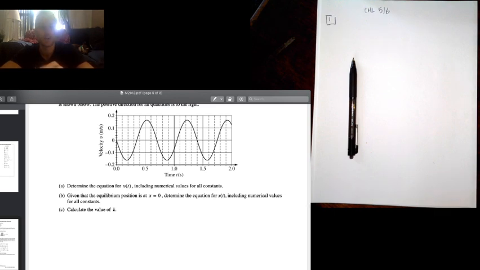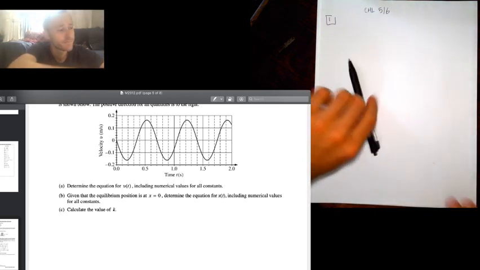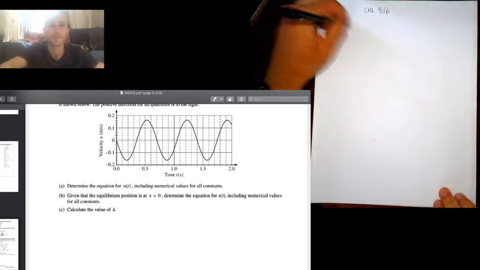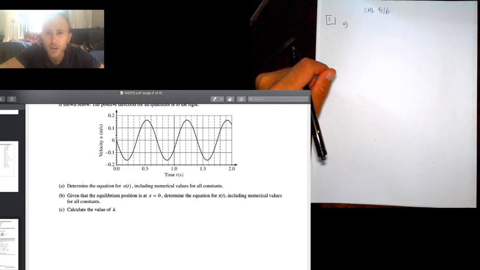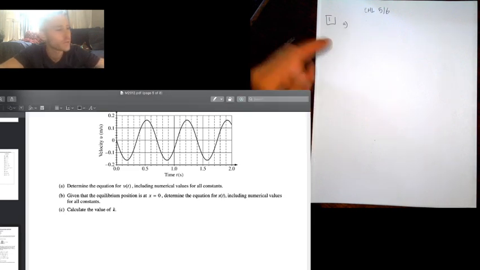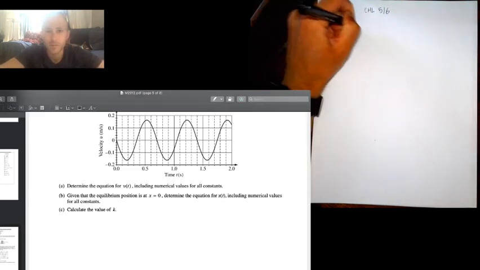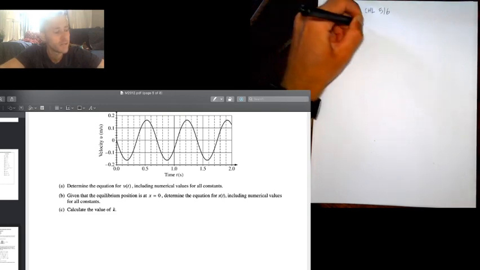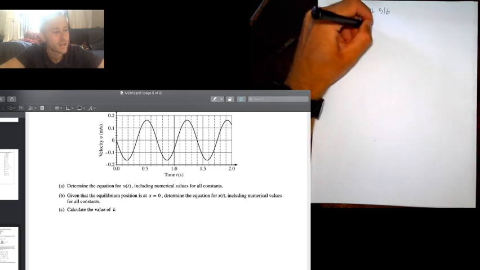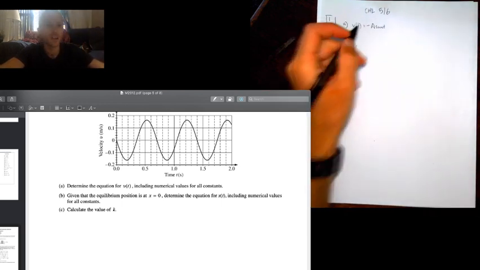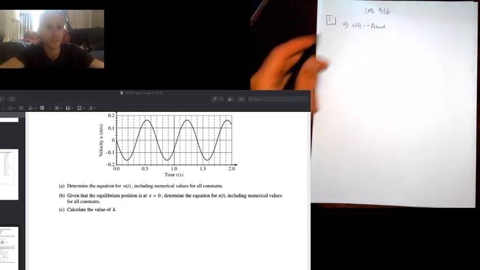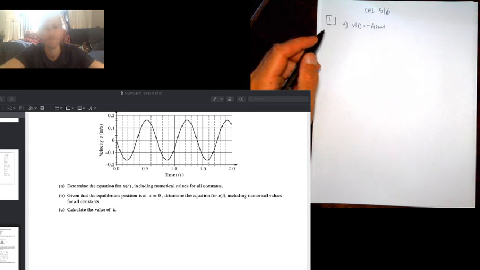Determine an equation for v of t. I can see that, let me draw, first of all, this is going to be a negative sign. So v of t is going to be negative a sine of omega t. So it's up to us to determine what a and omega are.